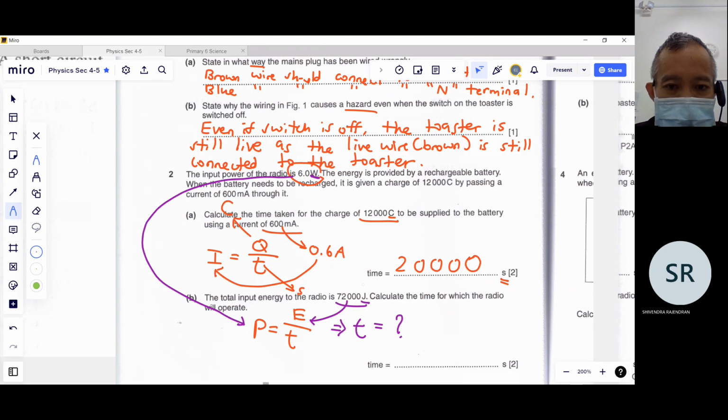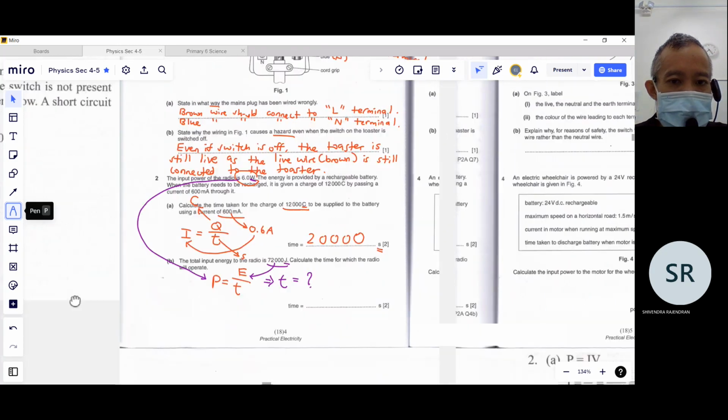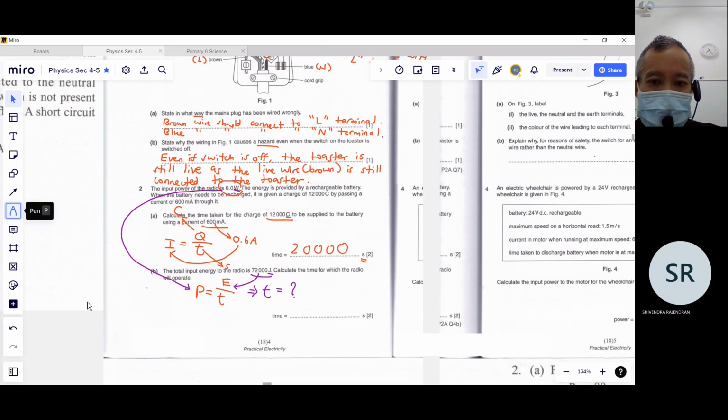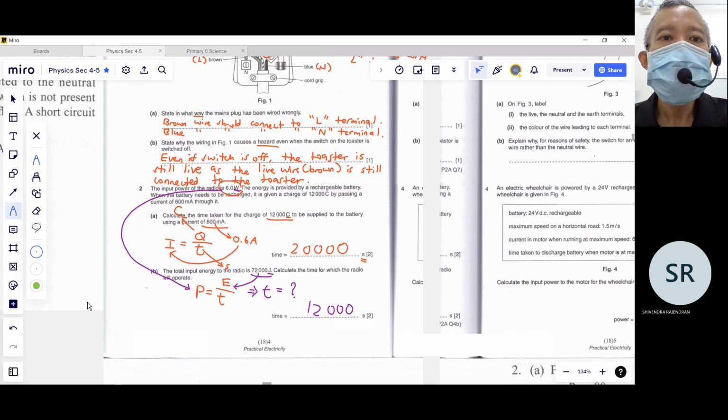Your answer, Joey? 12,000. Okay, yes, 12,000. You should get 12,000 seconds, and seconds is SI units, so there's no need for further conversion. Questions, anyone?